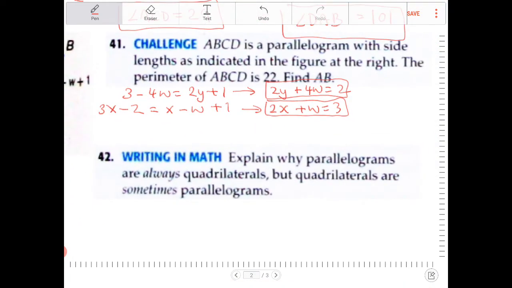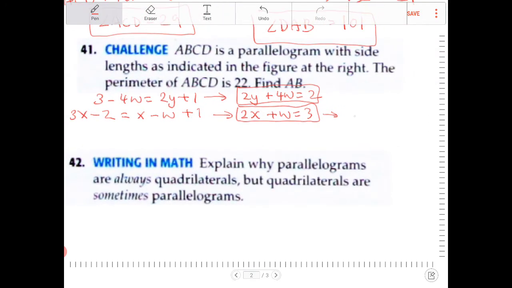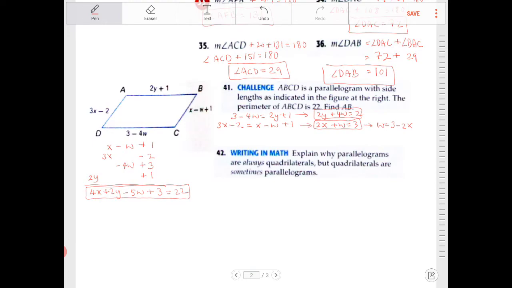Since 2x plus w is equal to 3, I can solve for w here. W is equal to 3 minus 2x.